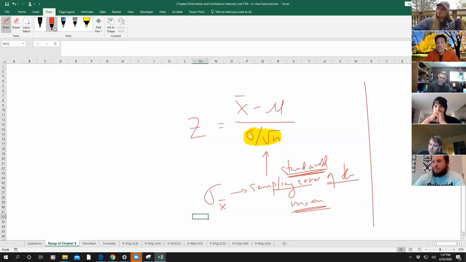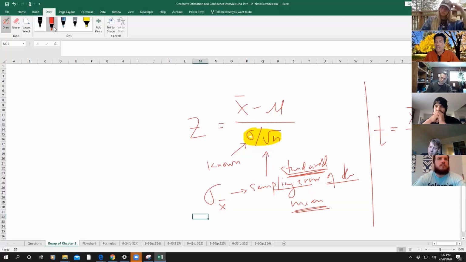Okay. So we use this formula if sigma is known. As we will see in chapter 9, there will be instances where the population standard deviation will not be known, such that instead of the z-score, we can convert the distance of x bar from mu in terms of t, and then the standard error of the mean will be computed as s, which is the sample standard deviation, divided by the square root of n.